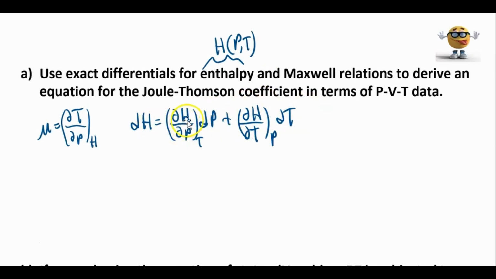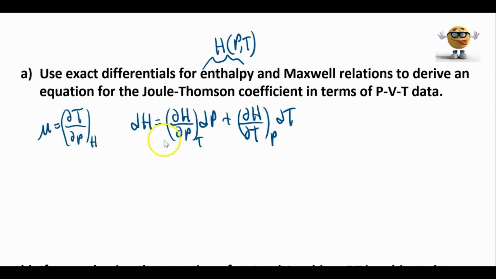This shows us how enthalpy changes with pressure, the slope, think of it graphically, and with temperature, and how those changes occur together is our total infinitesimal change in enthalpy, dH.